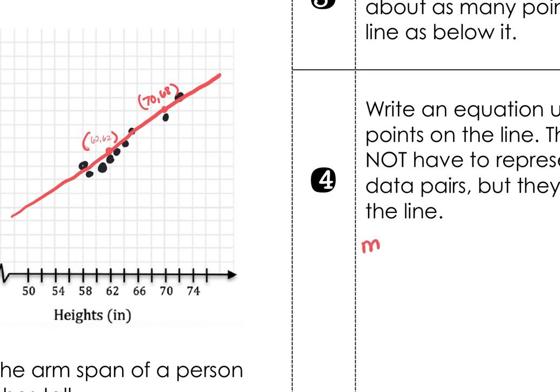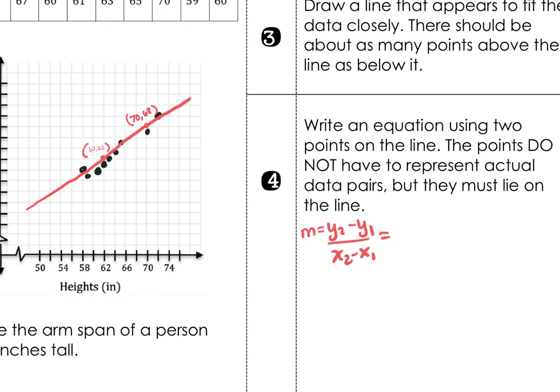So I would use that slope formula of y2 minus y1 over x2 minus x1. So I would do 68 minus 62, and then 70 minus 62.